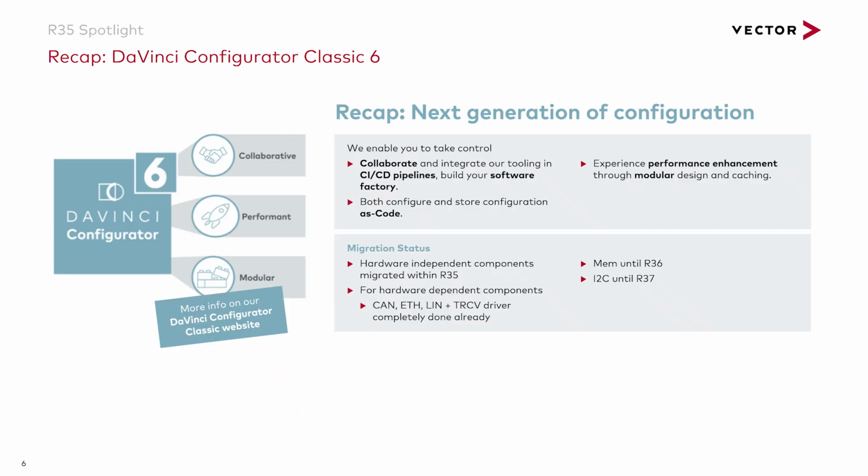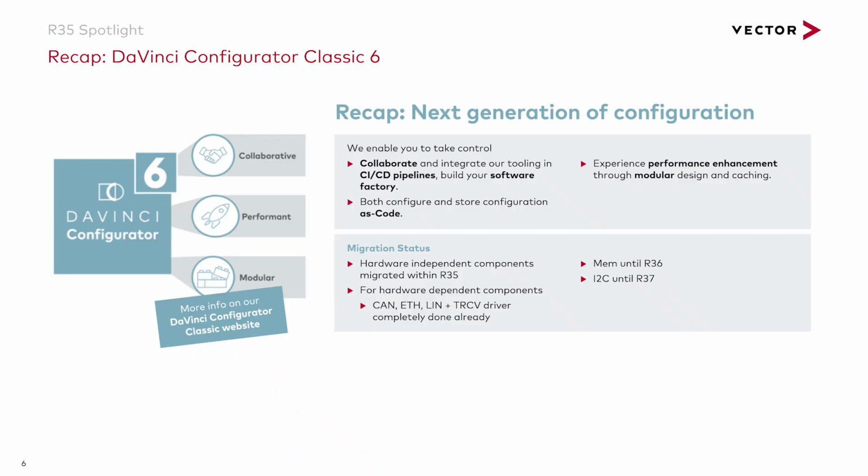MEM components are planned to be migrated until Release 36. I2C drivers are going to be migrated until Release 37 only. For each group, there can be a few exceptions. For these, we decided to wait until there is demand, if they have only seldom been demanded in the past.